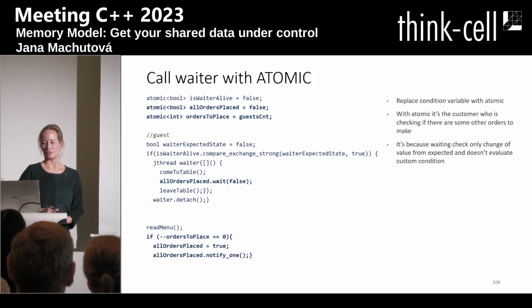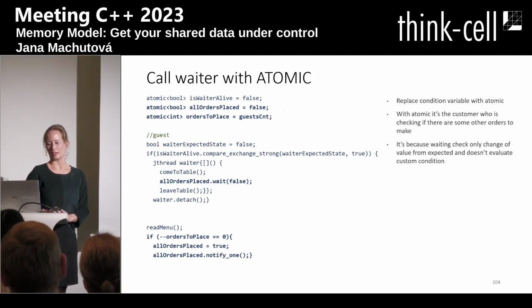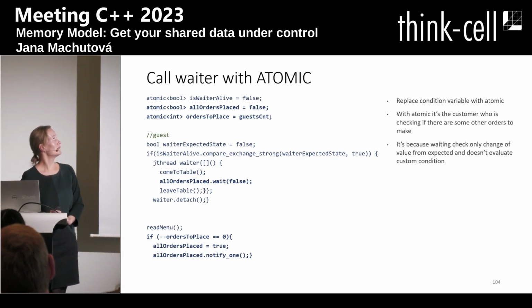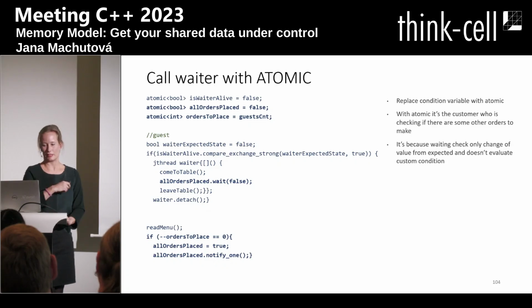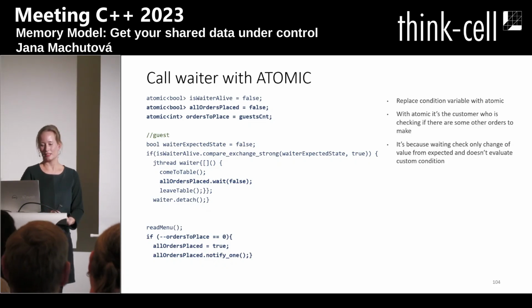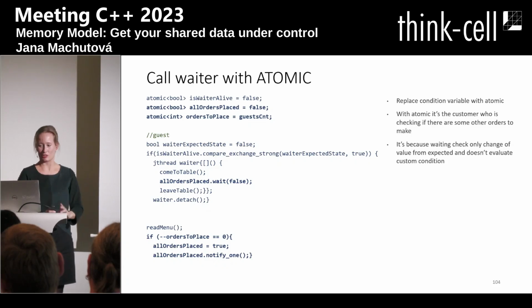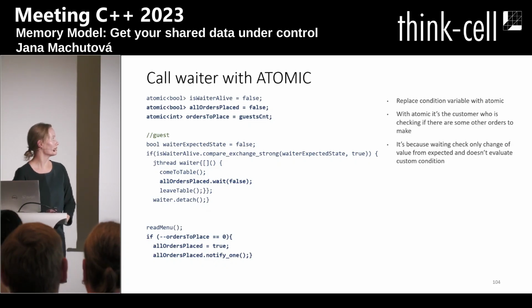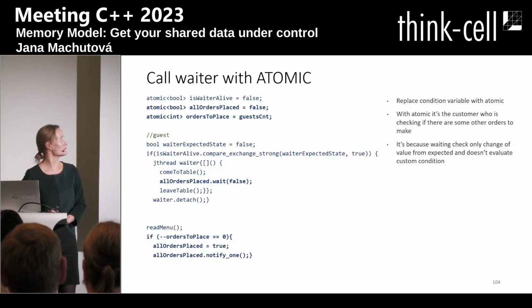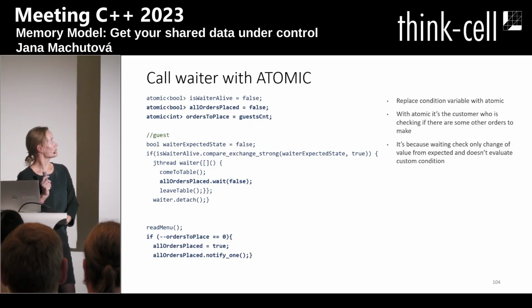So this is something like what I showed you with the condition variable. It's the same situation, like ordering that lunch, but done with atomics. What is different here is that the customer is the one who is checking if he's the last one, because the waiter doesn't have the full condition like before.